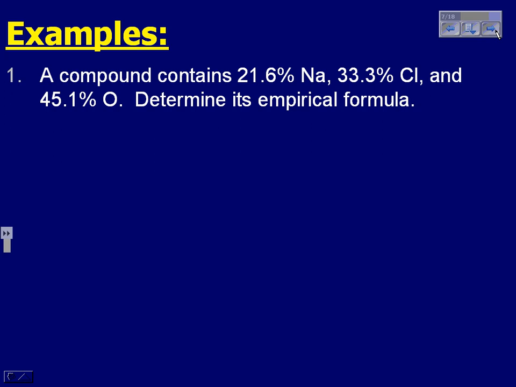I'm dealing with sodium, and that sodium has 21.6% of the mass. So I'm going to convert that into grams. If I assume I have 100 grams, I'm going to have 21.6 grams of sodium. So essentially I'm turning the percentage into grams. The next element is chlorine, and I have 33.3 grams of chlorine.